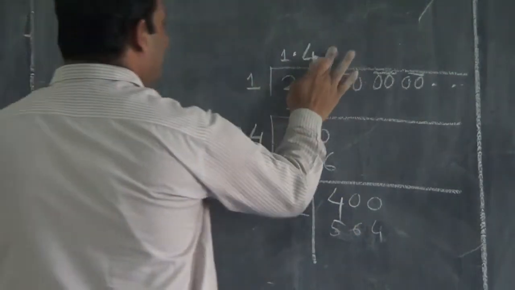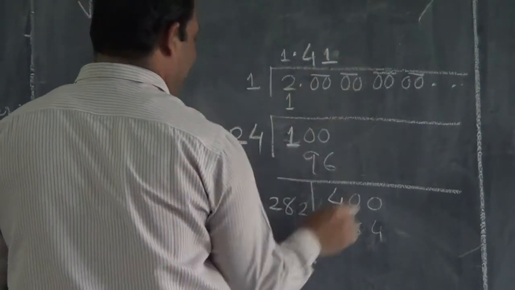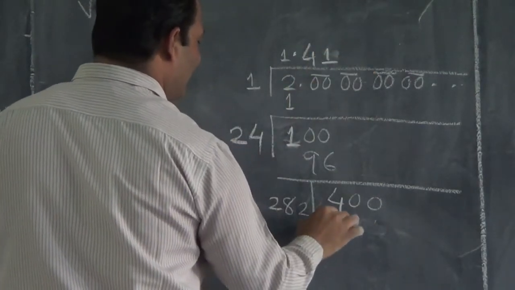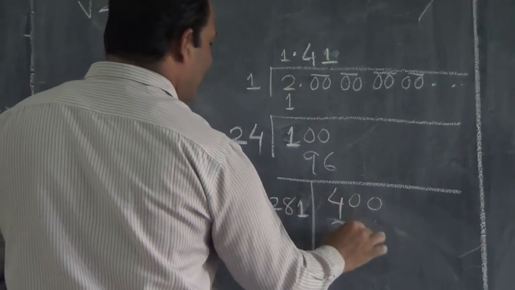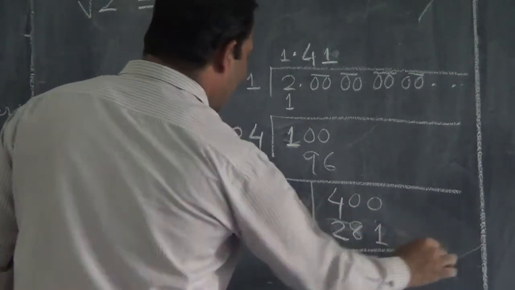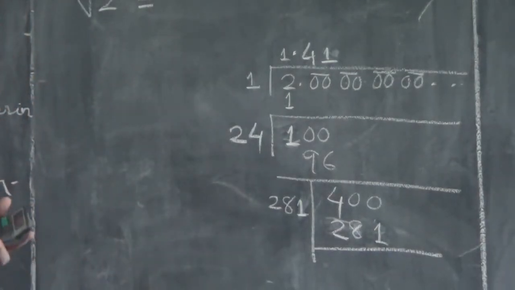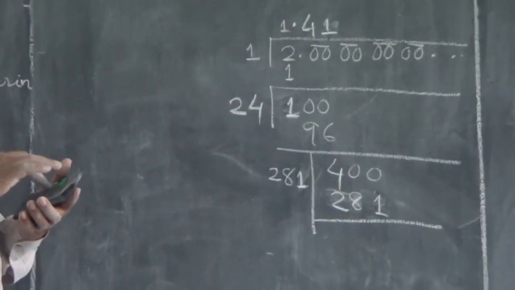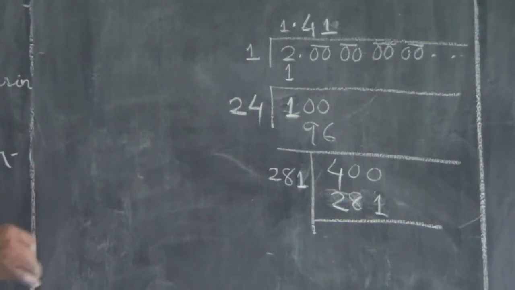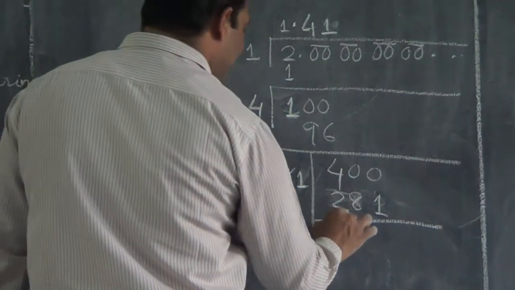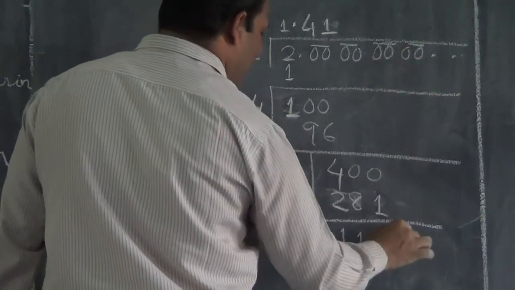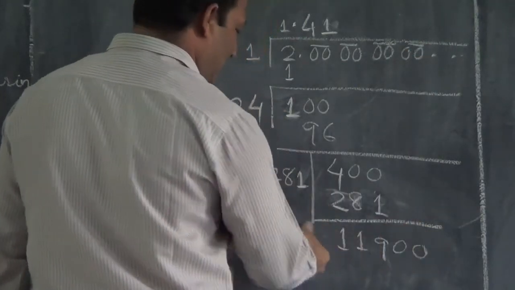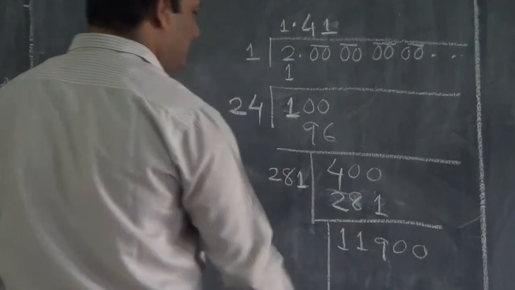That is why I have to take only 1 here. So 281 into 1 is 281. So 400 minus 281 will give 119. And now again one more pair of zeros will come down here.